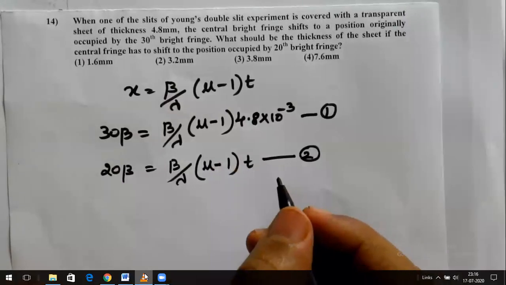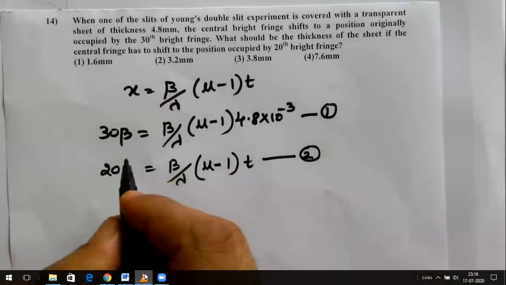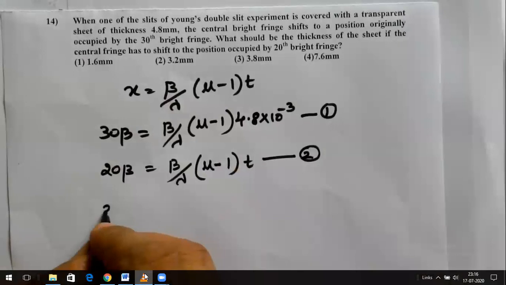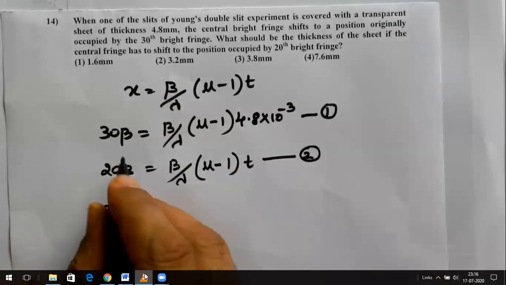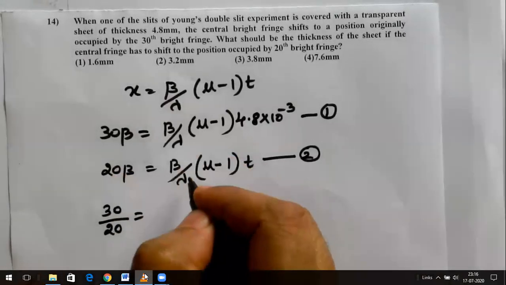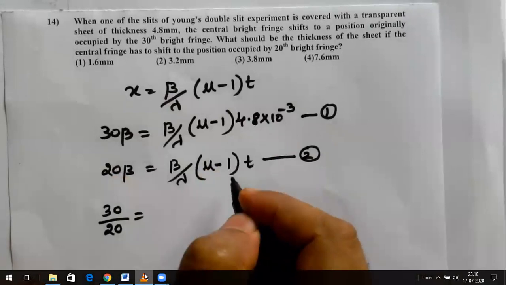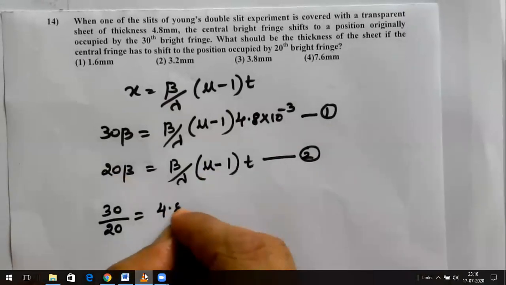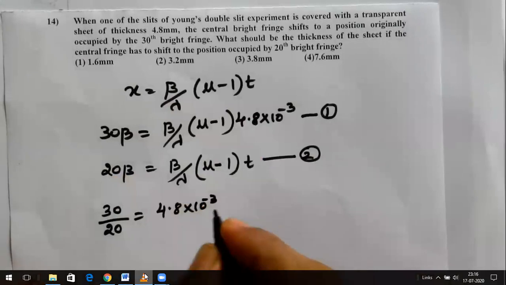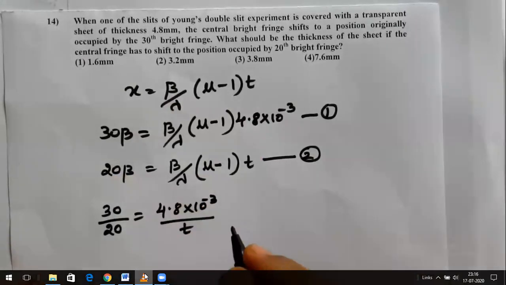If you divide these, here you will get 30 by 20. Beta will get cancelled. Beta by lambda gets cancelled. Mu minus 1 gets cancelled. 4.8 millimeter divided by thickness.